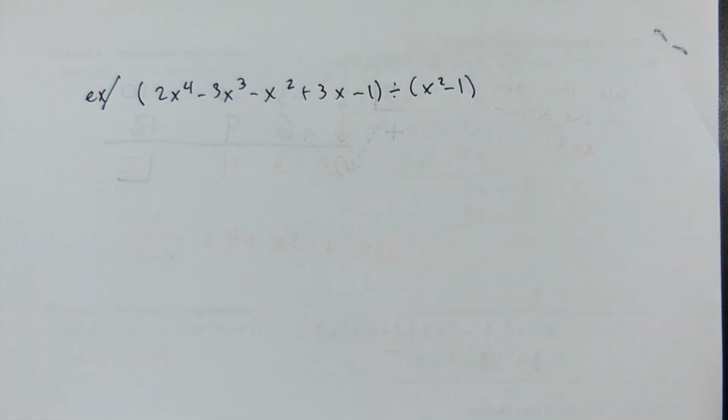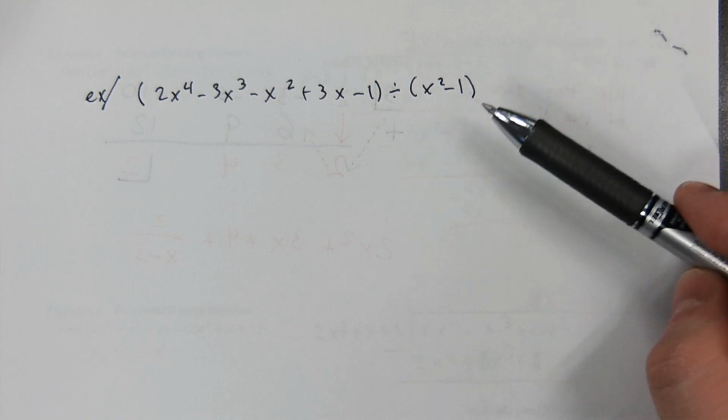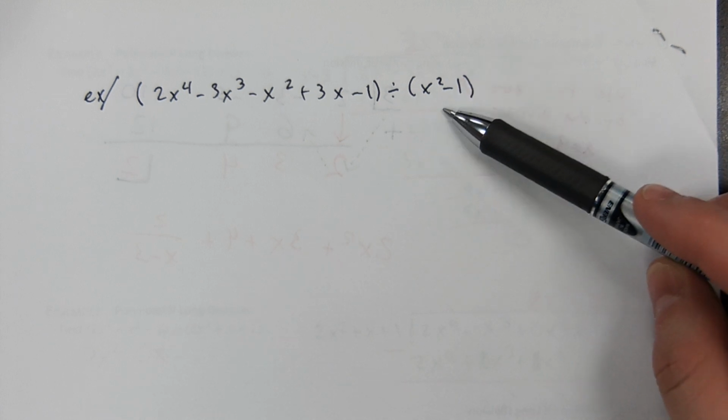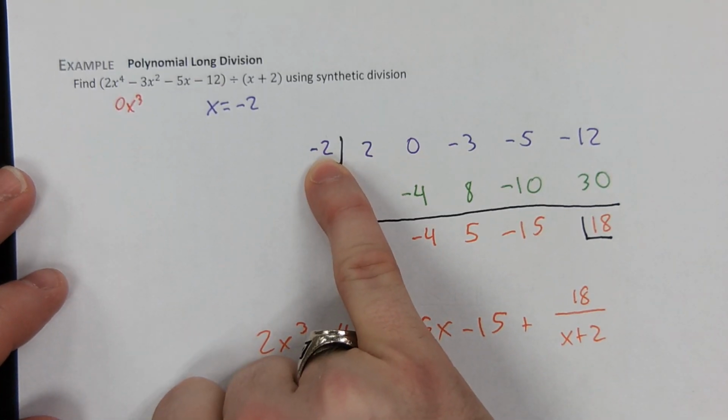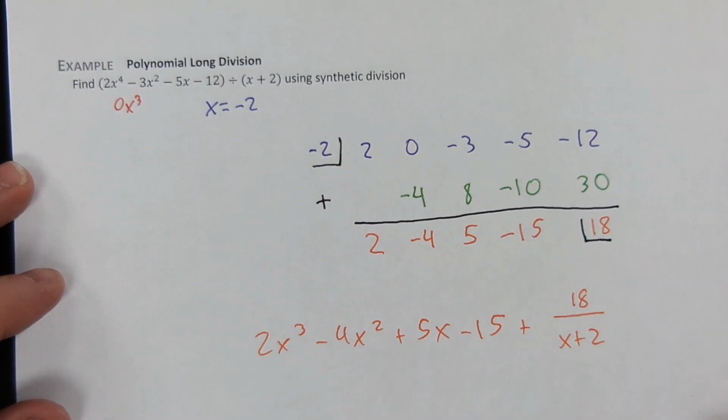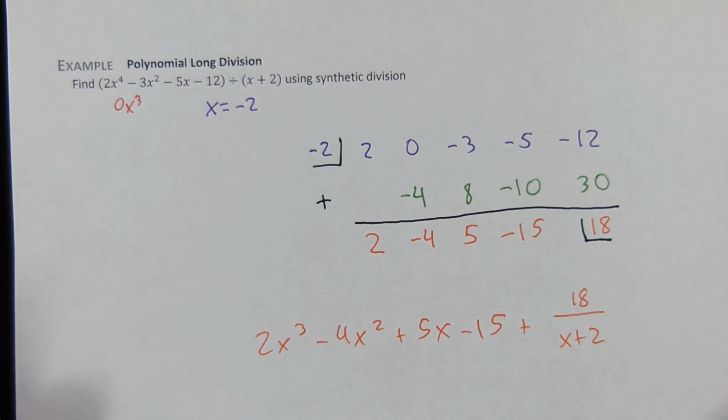I tried to keep the numbers small. Could we attempt to tackle the synthetic division using a two-term setup here? Yes, you could. But I'm going to be real with you, I don't even know how.